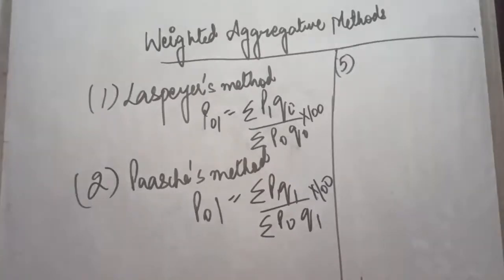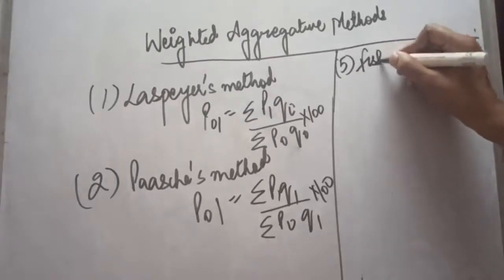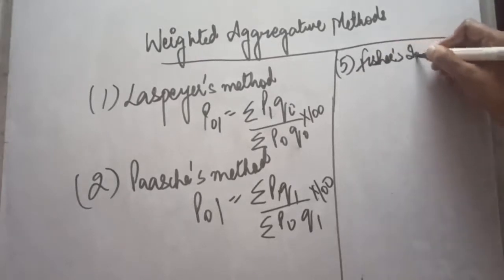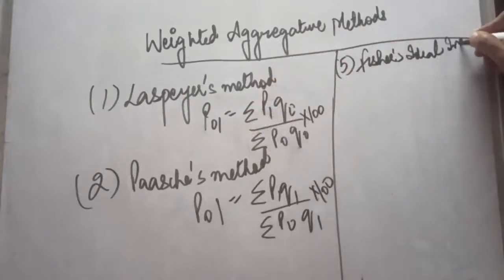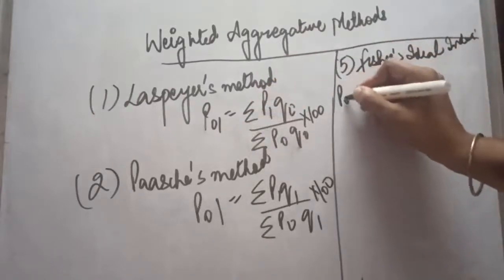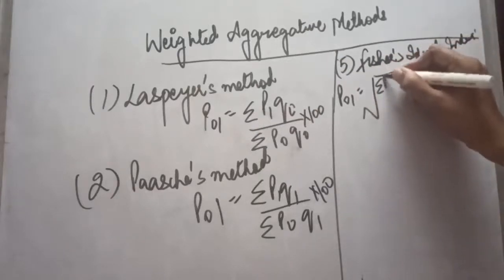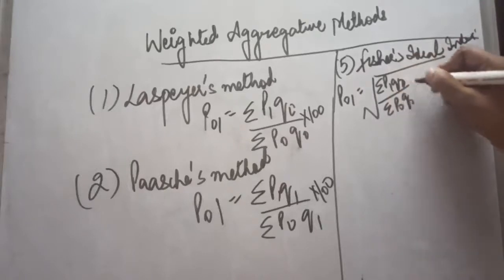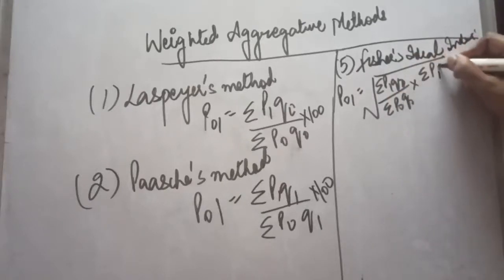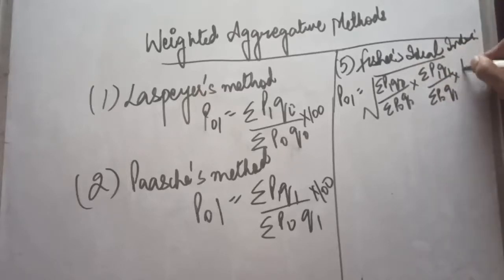Fifth formula is Fisher's ideal index. Fisher's ideal index is also calculated on the basis of Laspeyres' and Paasche's formulas. Here also we will calculate P01 as the square root of sigma P1 Q0 divided by sigma P0 Q0 into sigma P1 Q1 divided by sigma P0 Q1, into 100.